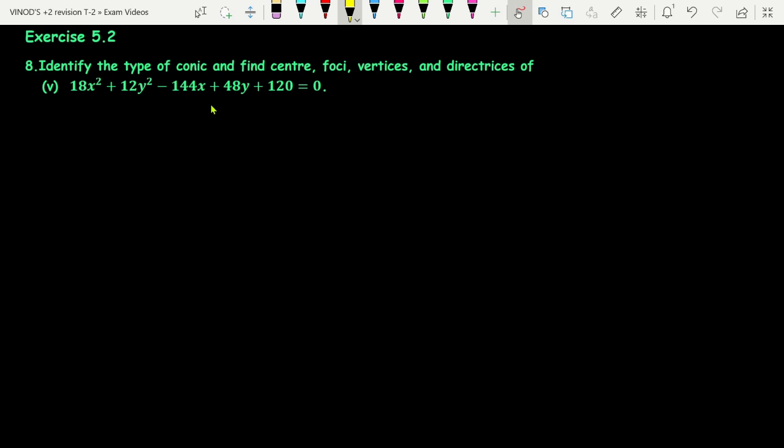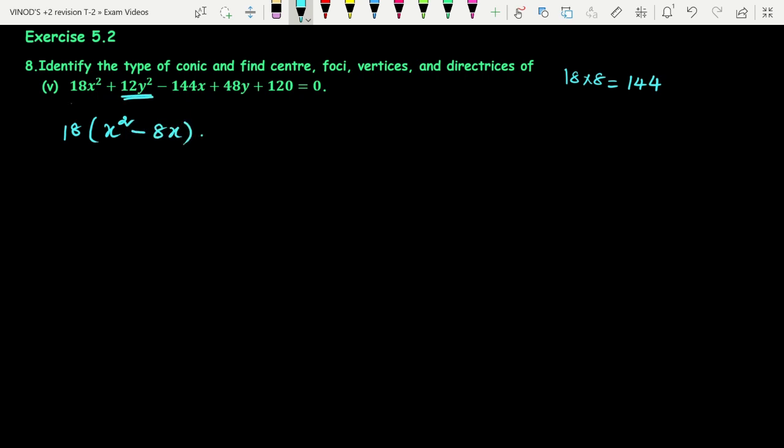We have to do the completion of squares and bring it into the standard form. Then identify what type of conic it is. Then we have to find the center, foci, vertices and directrices. So first I will take 18x² and −144x. 144 you can write as 18 into 8. So if I take 18 common out, it is 18 times (x² − 8x).